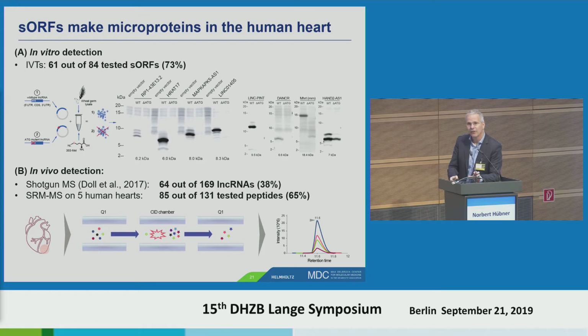So we can not only say they are translational events based on ribosome sequencing, but we can also detect these peptides by mass spectrometry in human hearts.